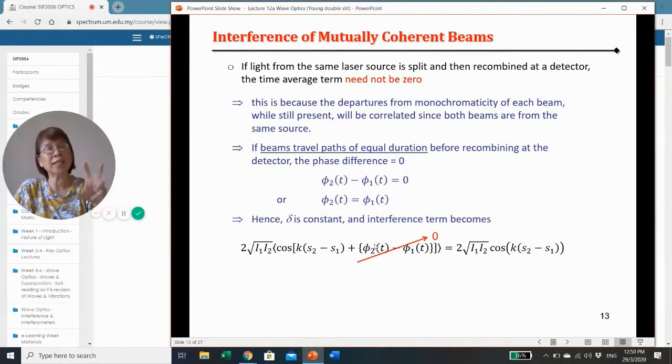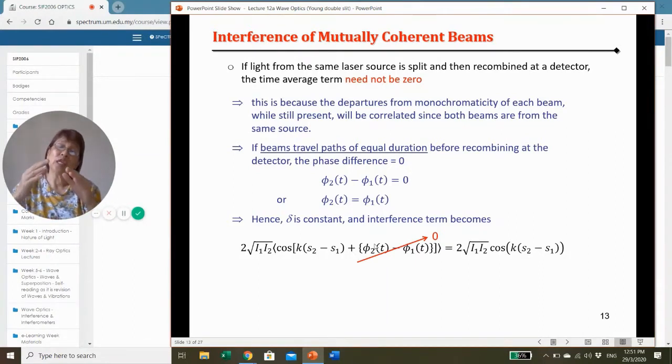Then if we were to look at interference of mutually coherent beams, now the beams are coherent. So let's say we take the light source from the same laser, split it up and recombine the beams at a detector. Well, the time average term here may not be 0. Now why is that so? Because each beam departs from monochromaticity, but they can be correlated because both beams are from the same source.